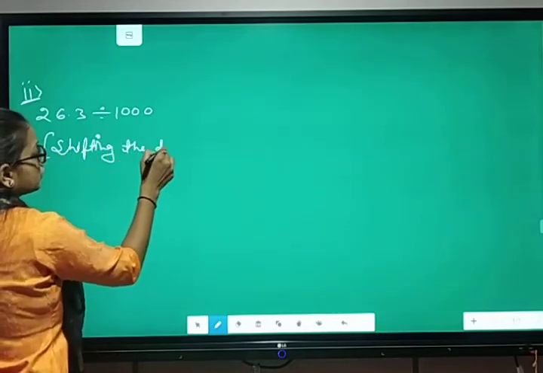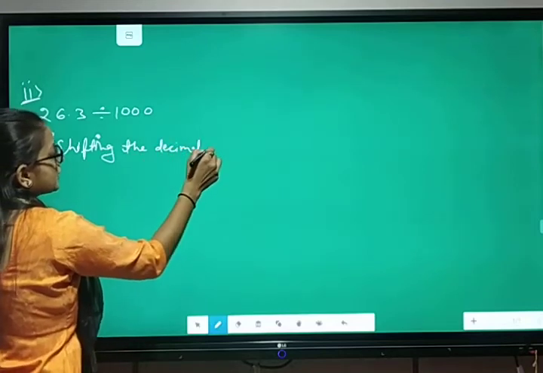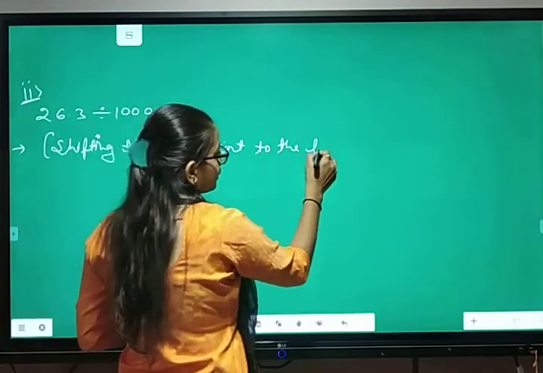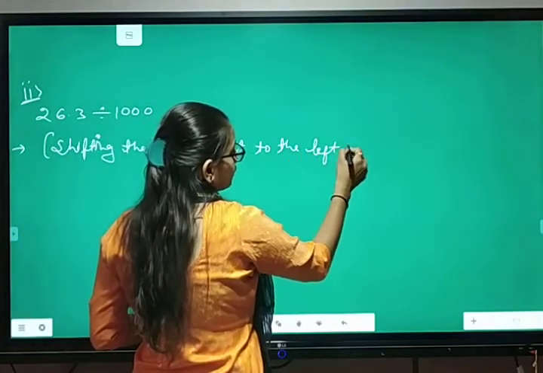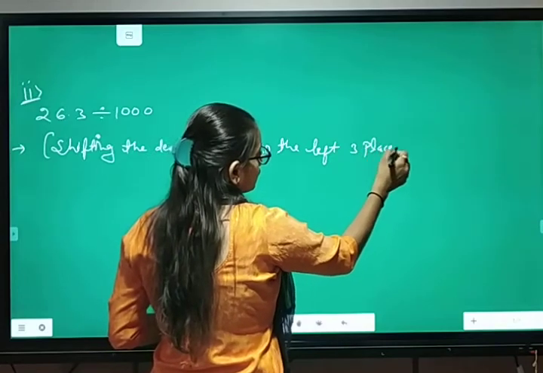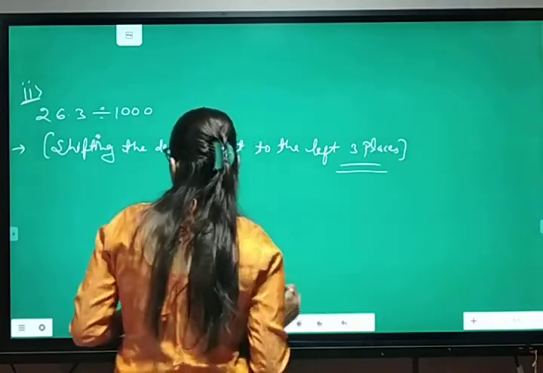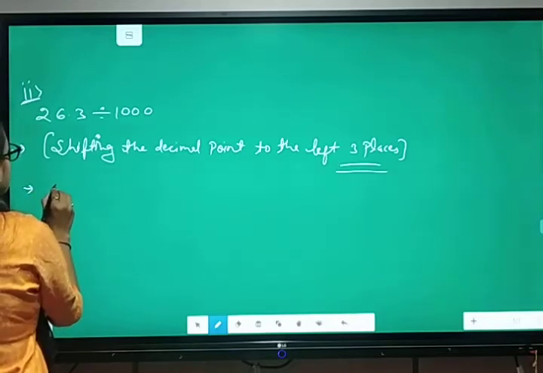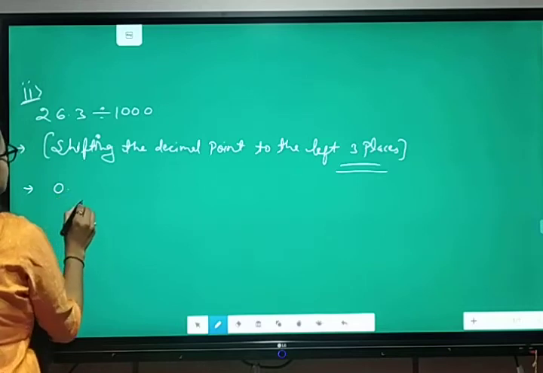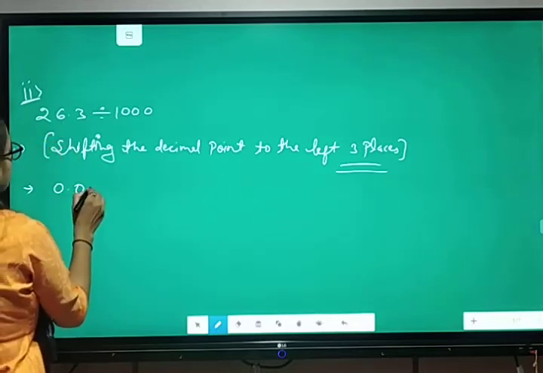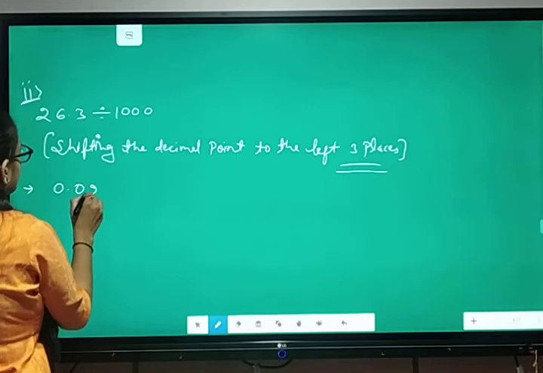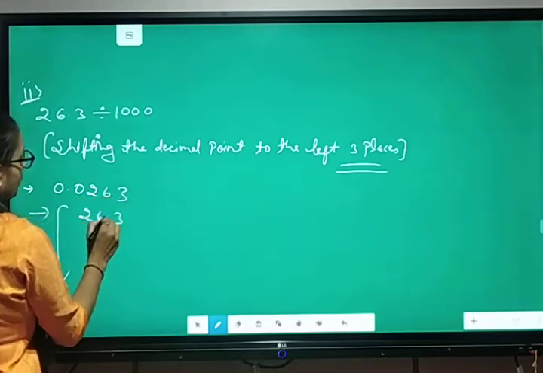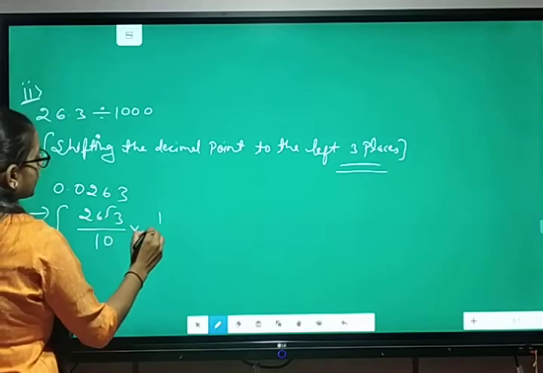Shifting the decimal point to the left 3 places. So we can write 0.0263.